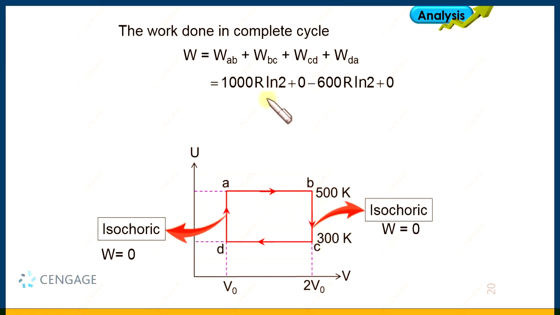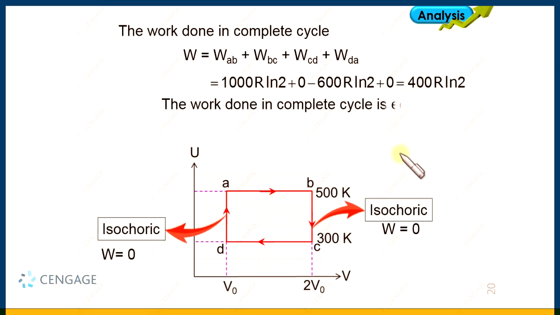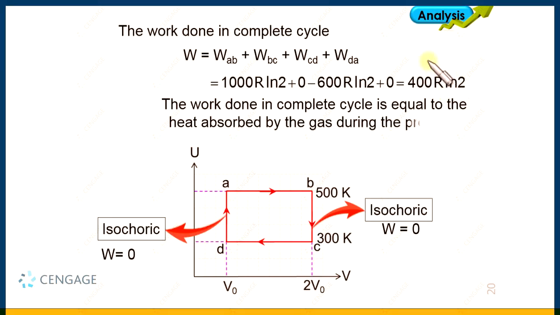So, this is the summation of the work done. Now, we can add these values. This is 400 R natural log 2. That means the total work done in the complete cyclic process is this much, and we know in any cyclic process W equal to Q, that is the heat absorbed. So, this value is also equal to the heat absorbed in the cyclic process. So, this should be the answer.